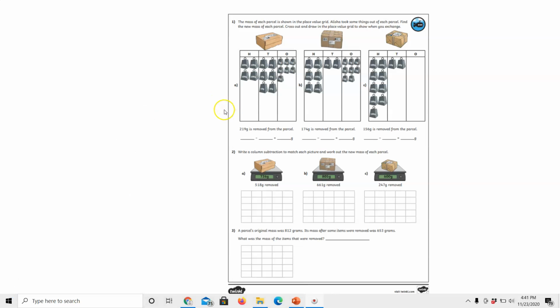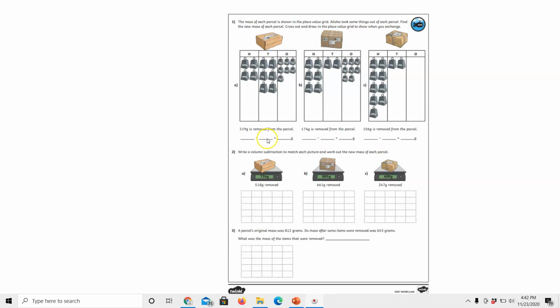All right, so for your homework, the first one, you figure out the big number by adding up the weights in the picture. The first number is going to go here. You subtract it from this number written here where it says this number is removed from the parcel.